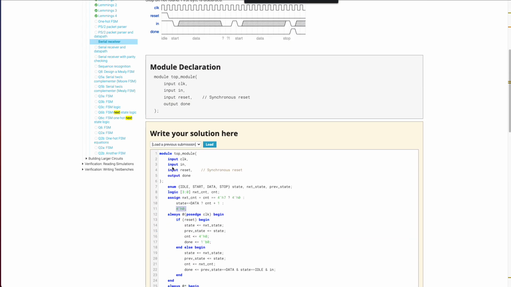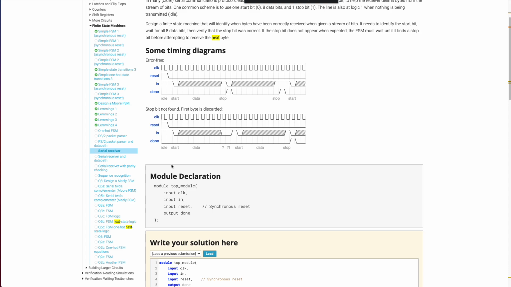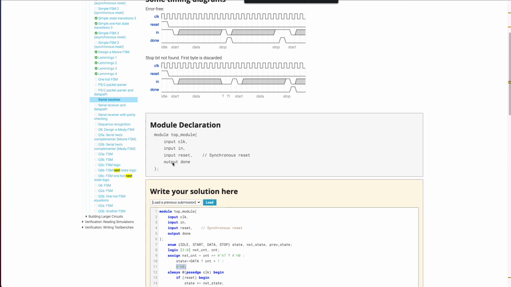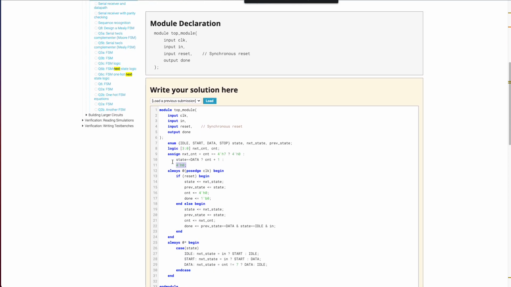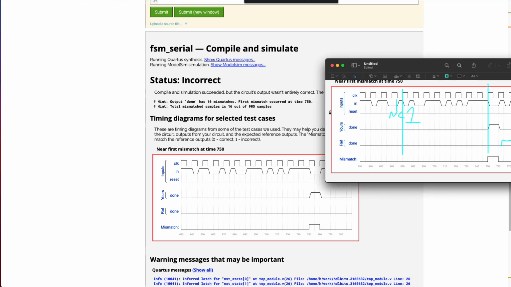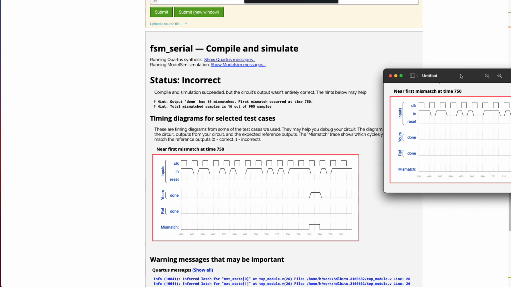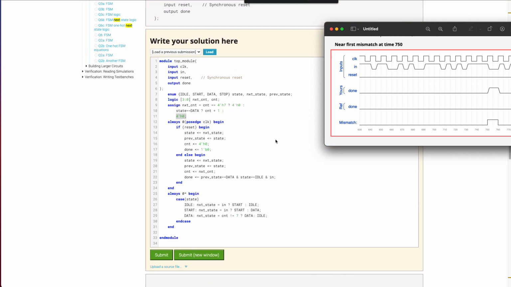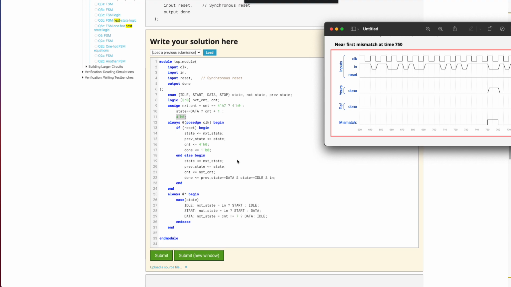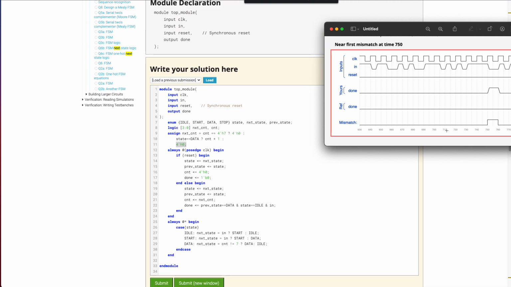But if this is happening, this is very explicitly saying that previous state is done.